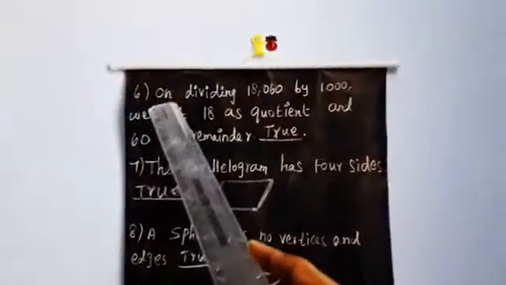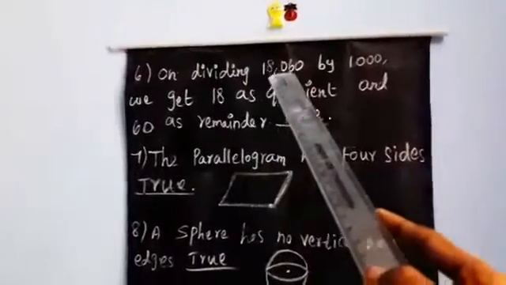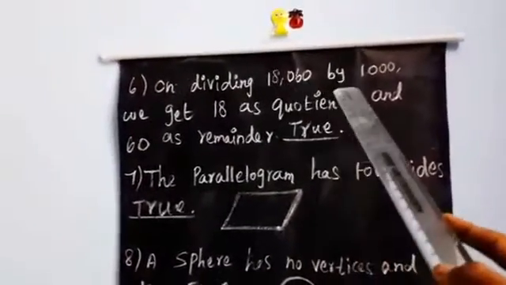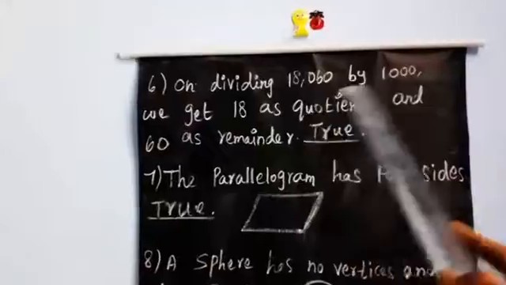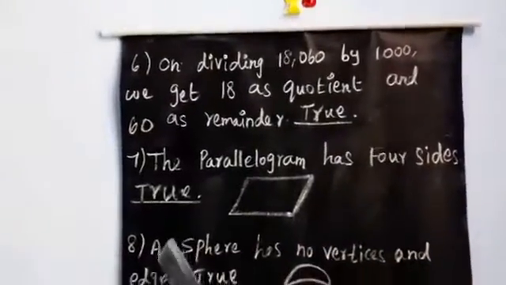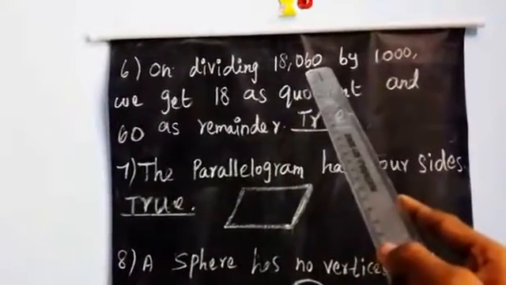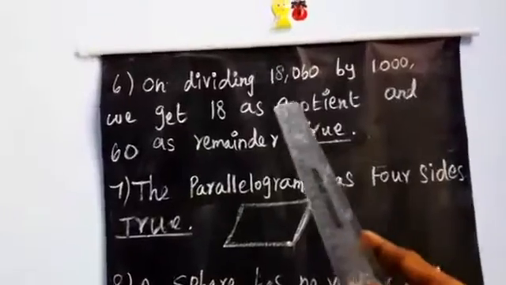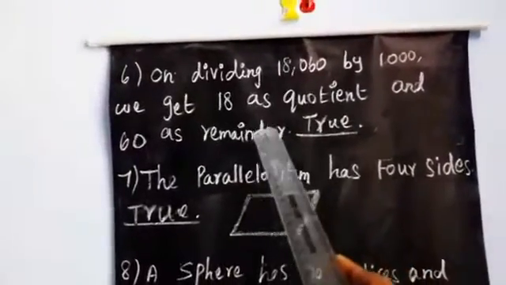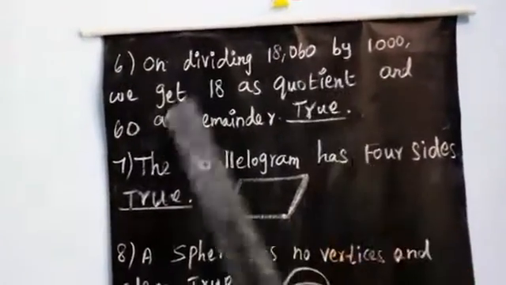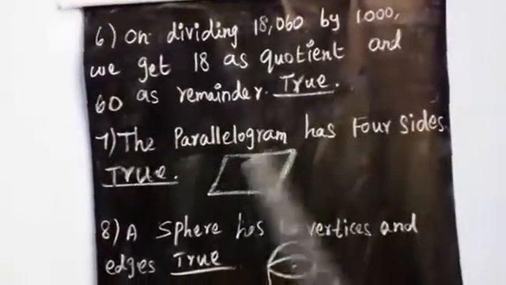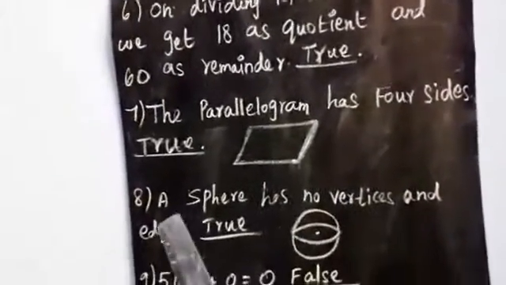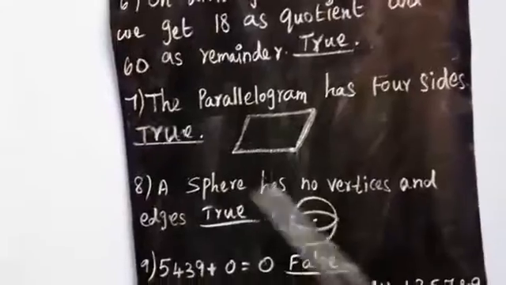Once again, on dividing 18,060 by 1000, we get 18 as a quotient and 60 as a remainder. Yes, true, because 1000 means the last 3 digits come as the remainder, and the remaining place is the quotient. The parallelogram has 4 sides. So true. A sphere has no vertex and no edges.